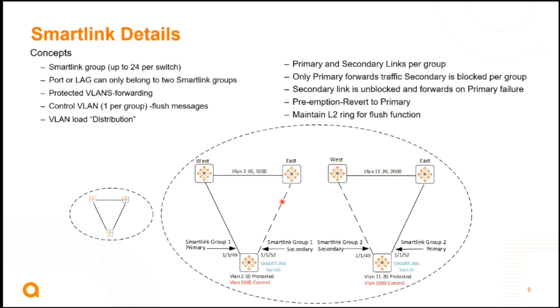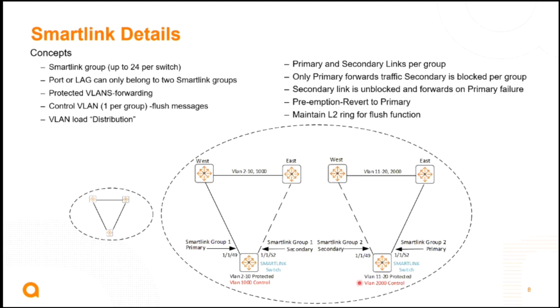Now, if I look at the same switches, I'm going to configure another Smartlink group, but this time I'm going to switch around the primary and the secondary ports. So now my primary link is going to go to the east switch, and my secondary link on group 2 is going to the west switch.